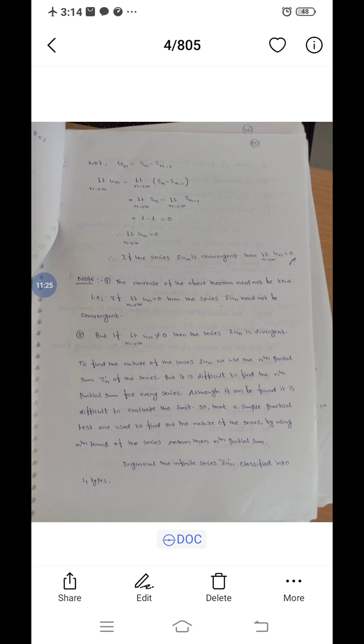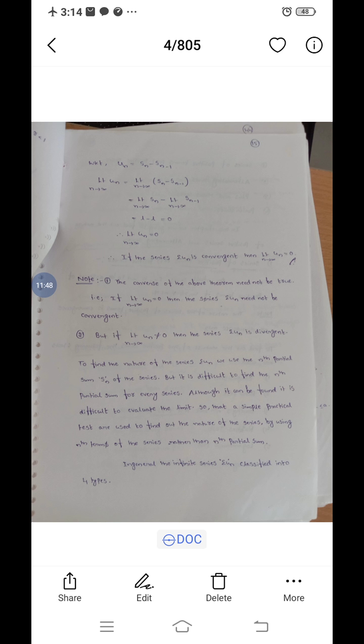Now we have to prove limit n tends to infinity Un is equal to 0. For that purpose, I will consider Un, and I am expressing this Un as Sn minus Sn minus 1. Here Sn denotes the nth partial sum and Sn minus 1 denotes the (n minus 1)th partial sum.